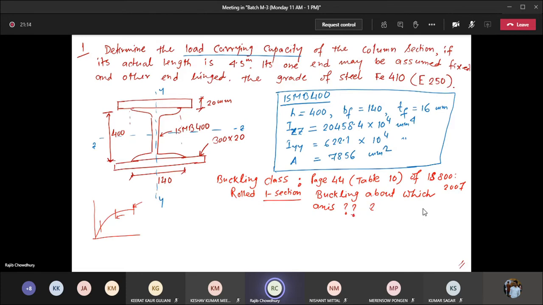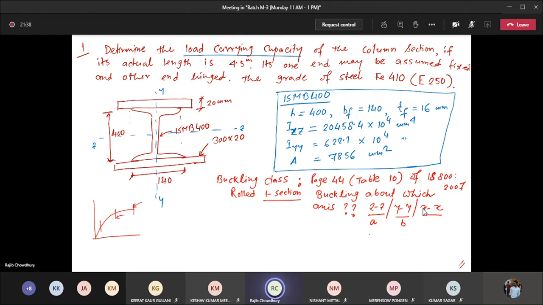About ZZ, about YY, or about XX axis? Depending on that, if it has buckled about the ZZ axis, then it is to be considered as class A buckling or class B buckling.